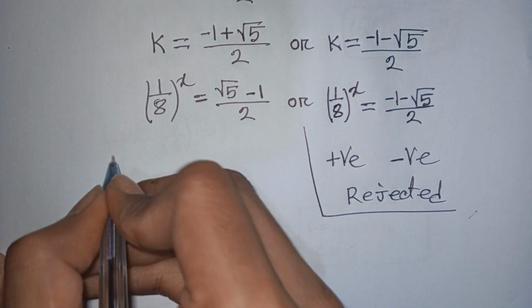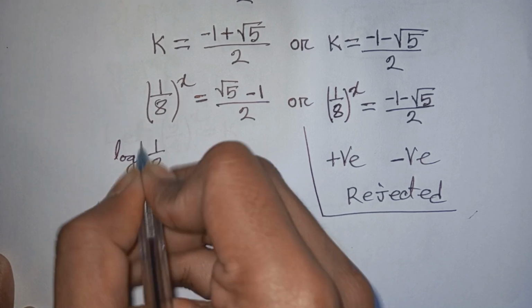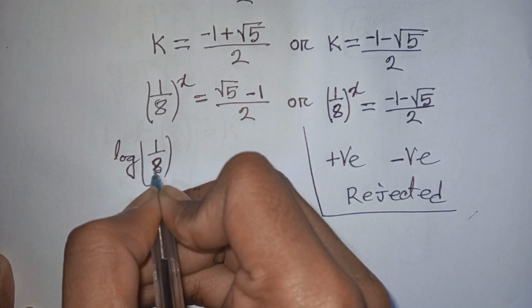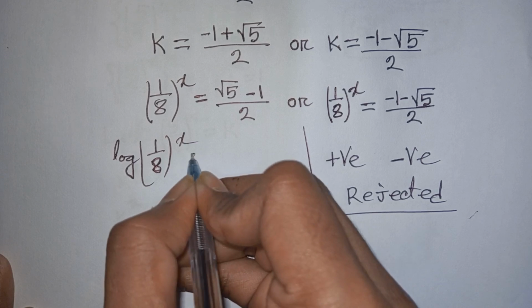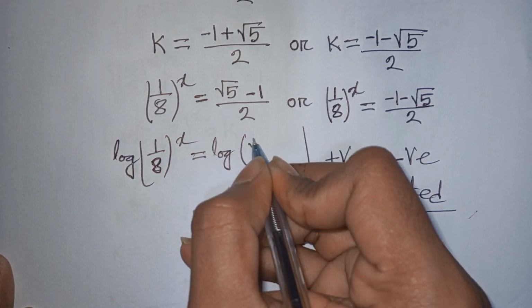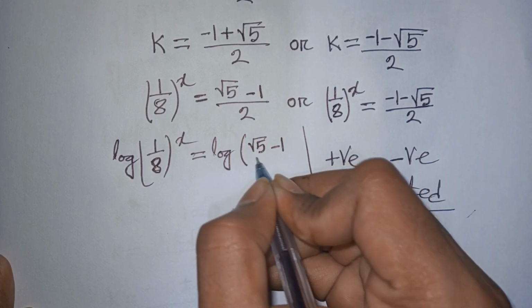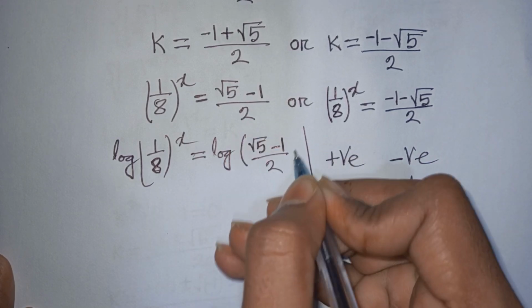Now from here we apply log on both sides. So log of 1 over 8 bracket power x is equal to log of a square root of 5 minus 1 divided by 2.